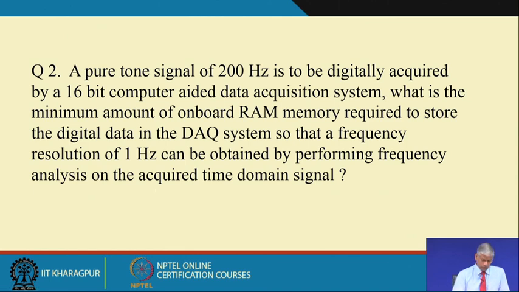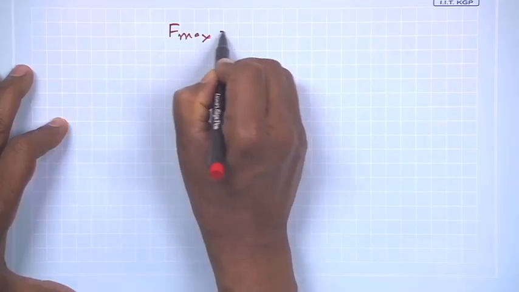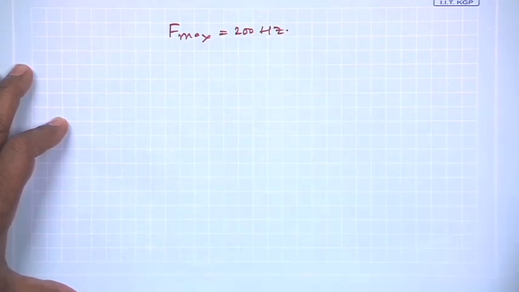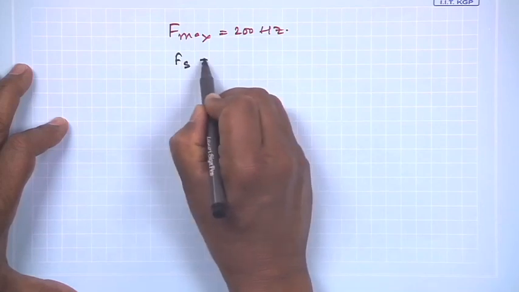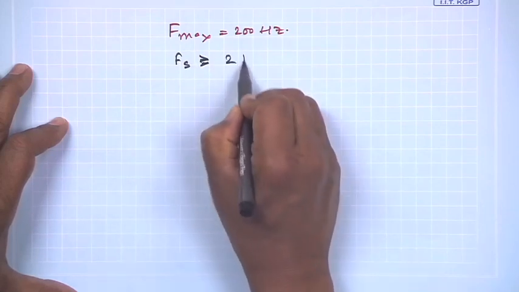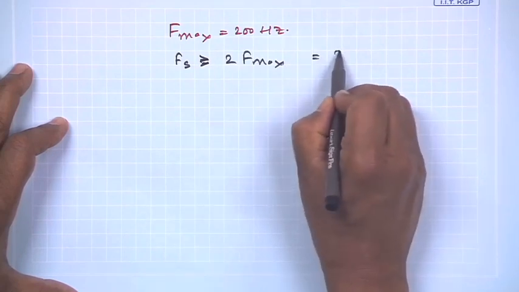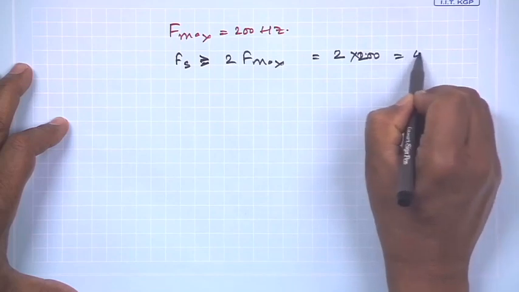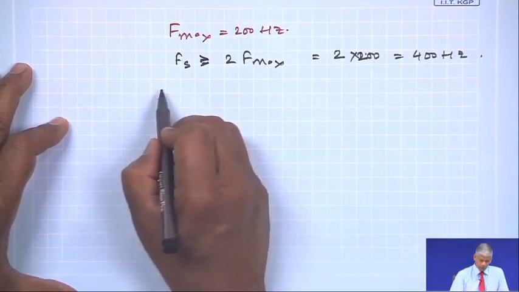So, the maximum frequency of the signal f max is 200 hertz. Okay. So, from the Nyquist sampling theorem, the sampling frequency should be greater than or equal to twice f max. So, the least would be 2 times 200, that is 400 hertz. So, my sampling frequency is this much.